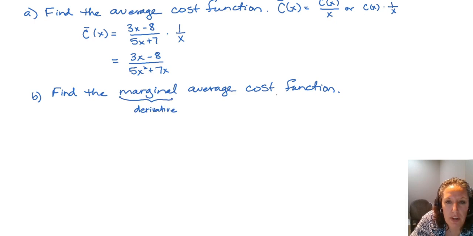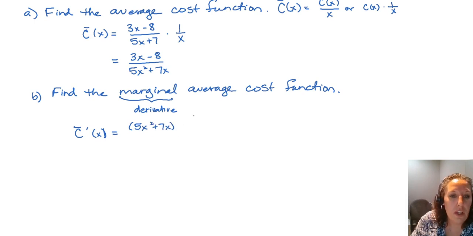So we're going to take the derivative of the average cost function. So that's c bar prime of x. We are going to use the quotient rule for this. So we're going to have the bottom, 5x squared plus 7x, times the derivative of the top.